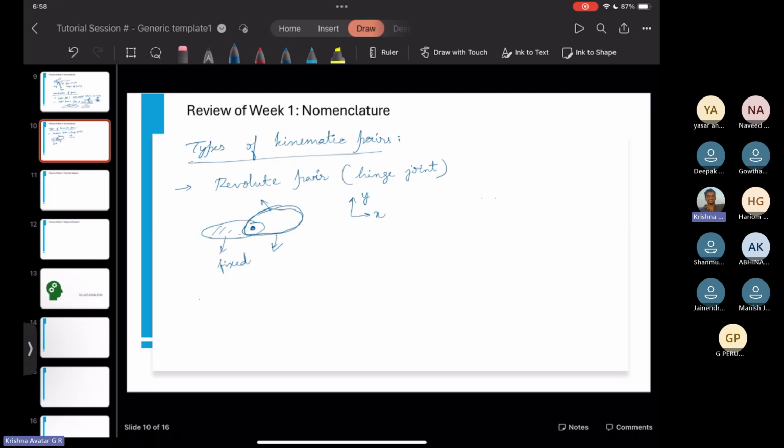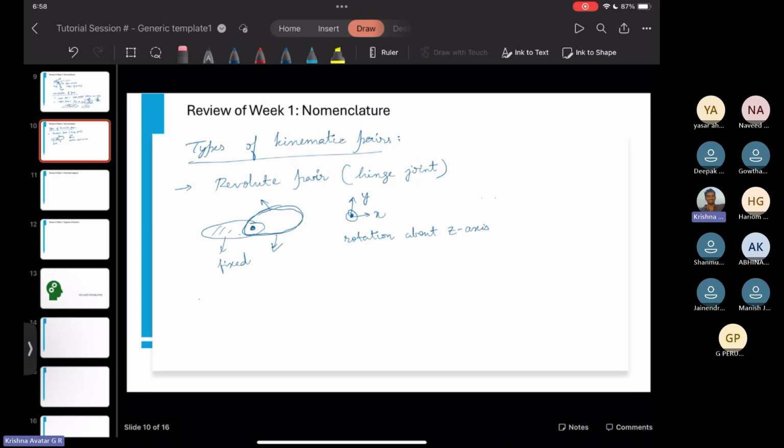So it can only undergo rotation about the Z axis. Right? Z will be pointing upwards from the right hand coordinate arrangement, or the right hand rule.